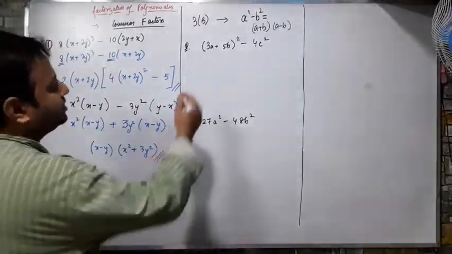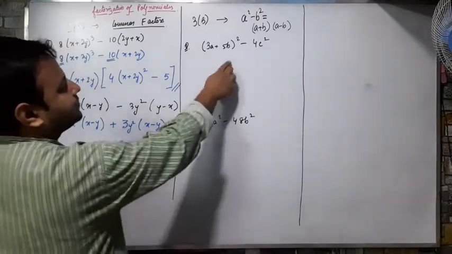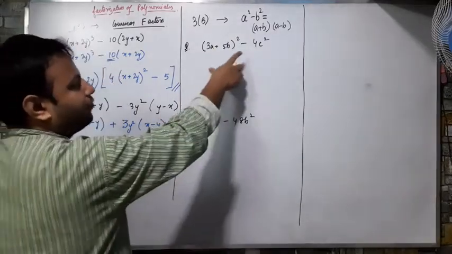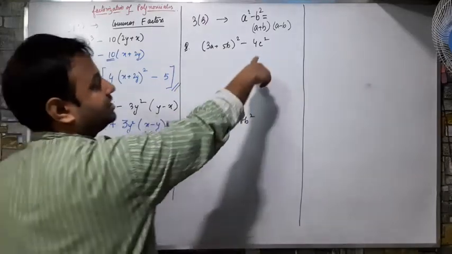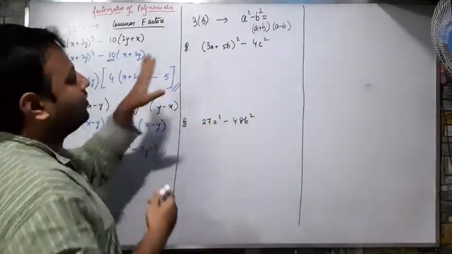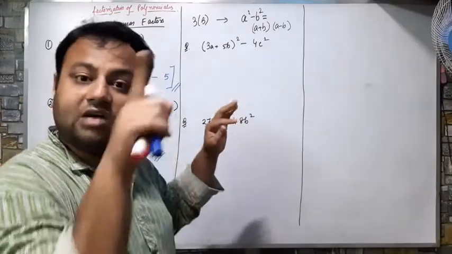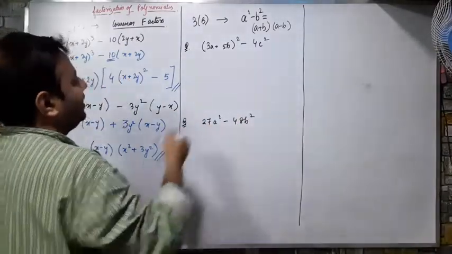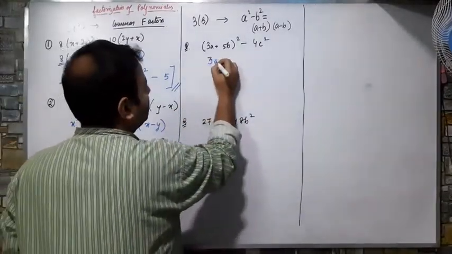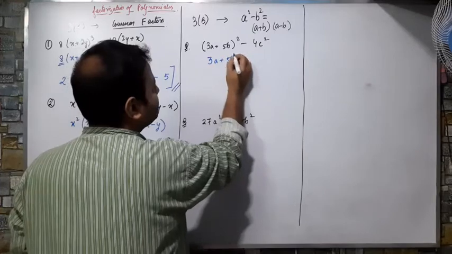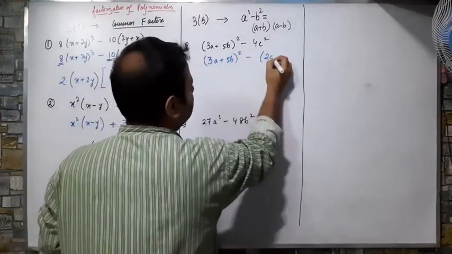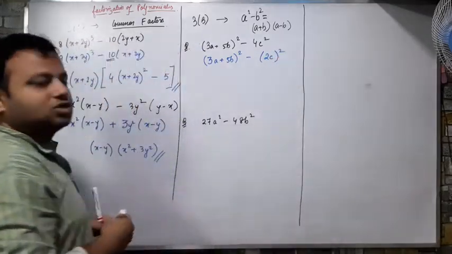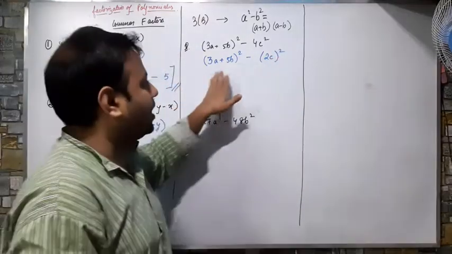How? Suppose this is (3a plus 5b) whole square minus 16c square. This is 4c whole square. This is already in the term of whole square, but this is not in the term of whole square. You have to change this 4c in the term of whole square. So what will I write? I will write (3a plus 5b) whole square minus (4c) whole square. So now it is done. This also whole square, this also whole square.